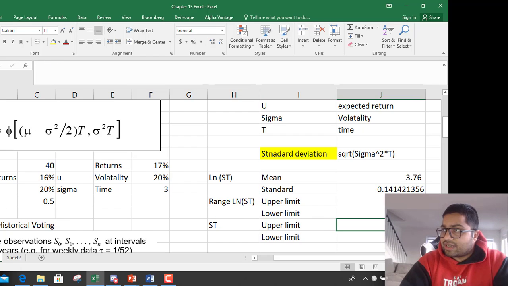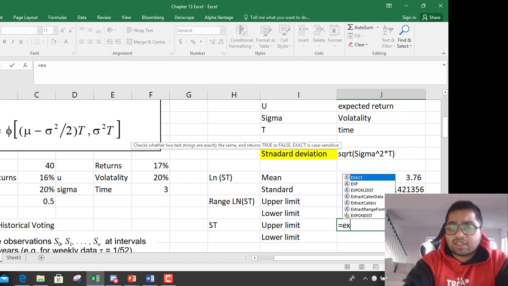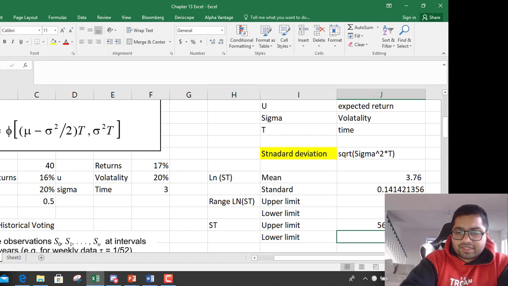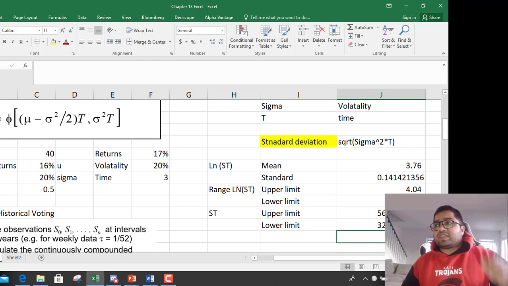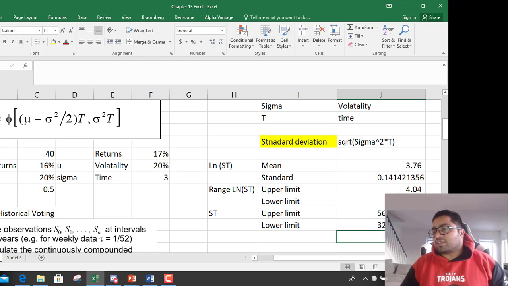So we have to convert that natural log to normal. If you want to convert natural log to normal, you do an exponential function. So exponential gives $56 and exponential of 3.48 gives $32. So within 6 months, this stock should trade in between $32 and $56. With 95% probability, you can say this stock will trade between 32 and 56.